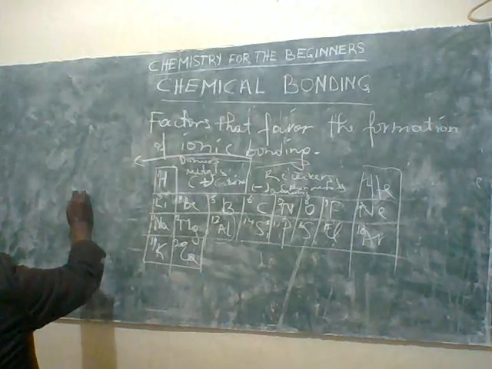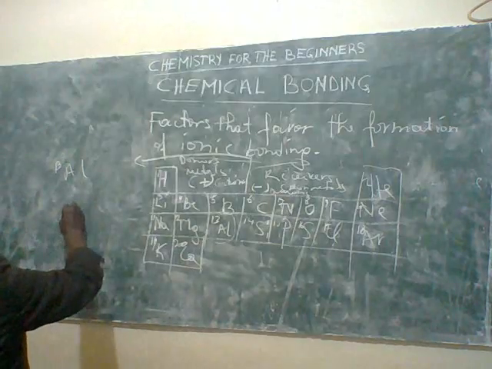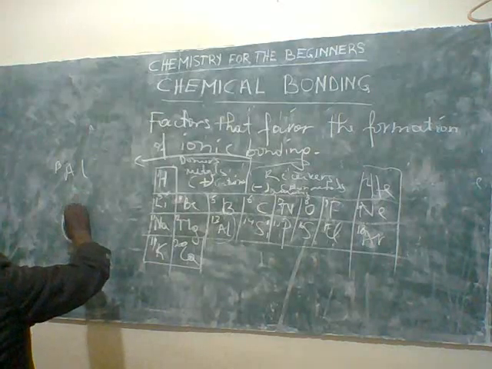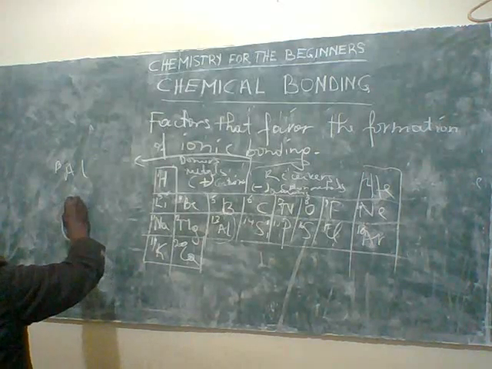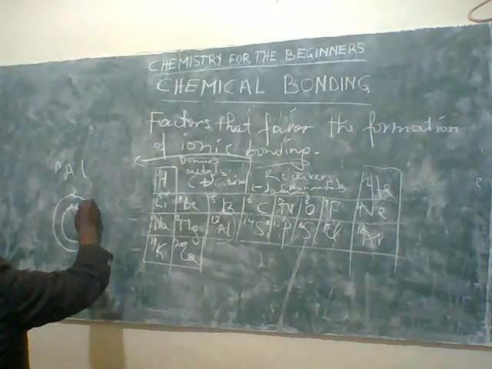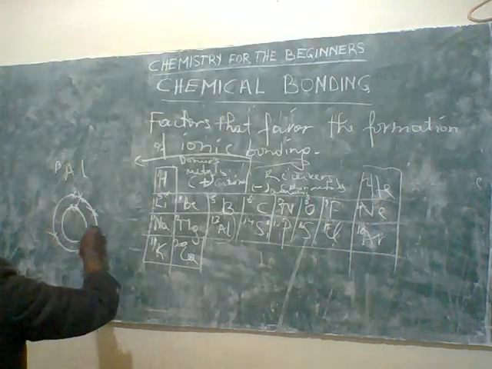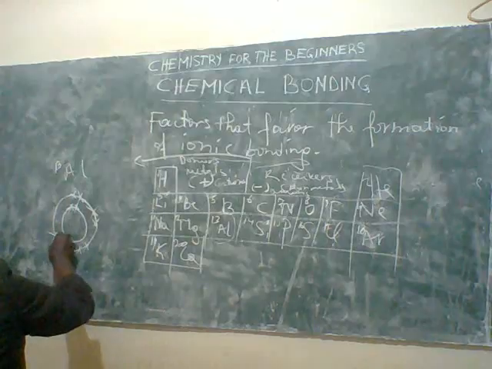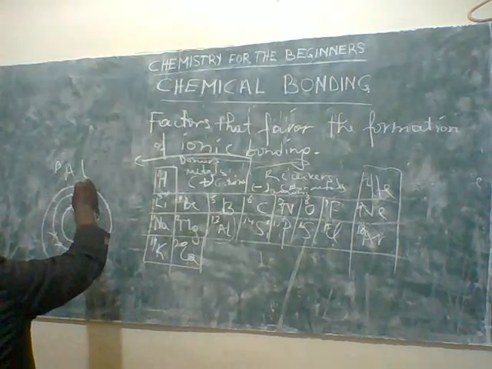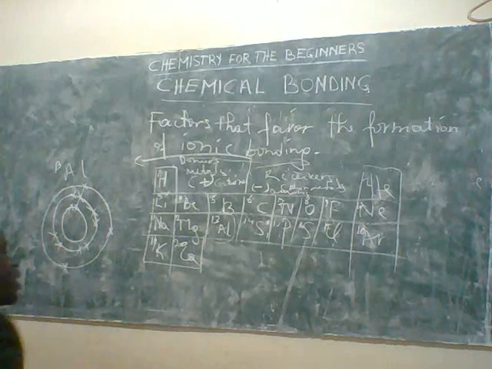Aluminium has 13 electrons. We are going to do its electron configuration. This is 2, then 3, 4, 5, 6, 7, 8, 9, 10. We are remaining with 3. This is 1, 2, 3.